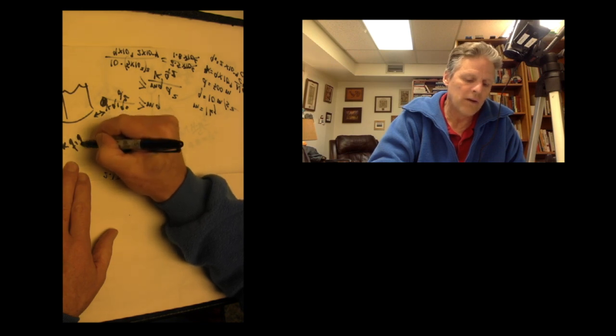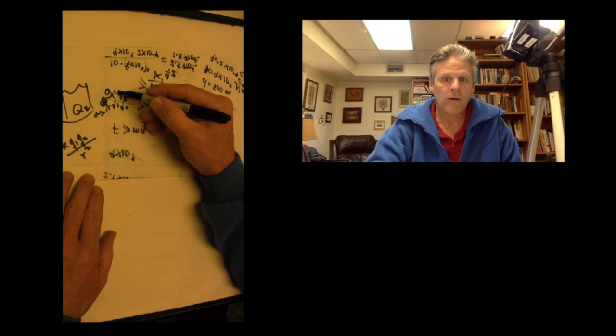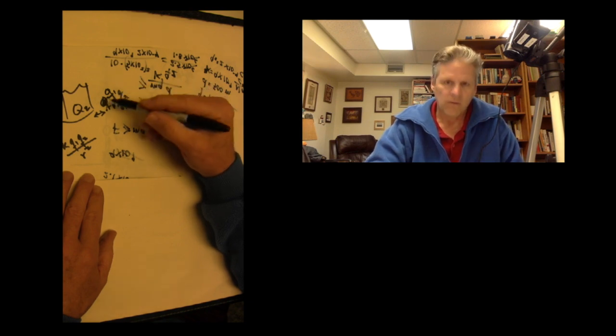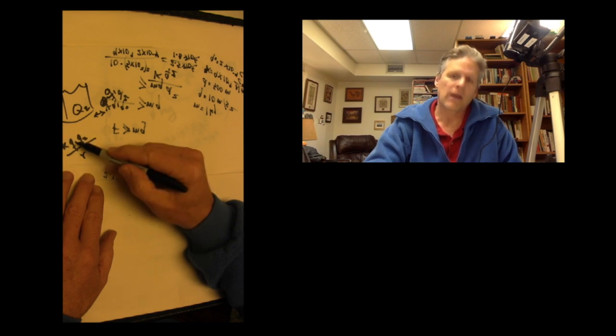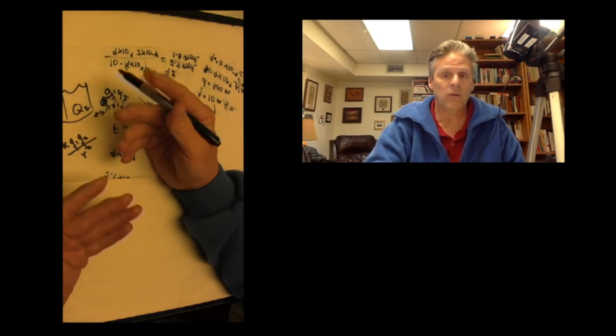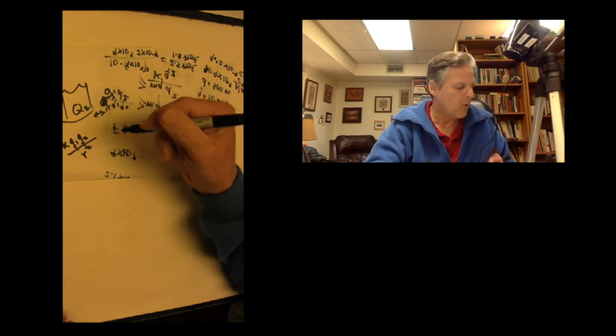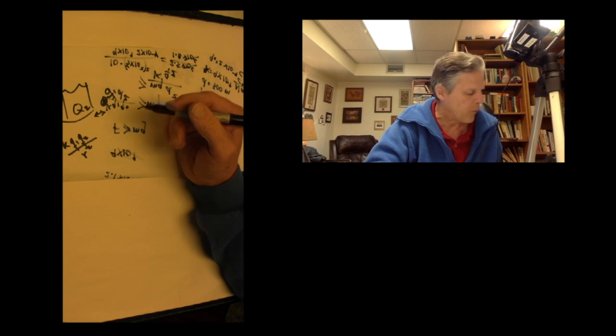K Q1 Q2 over R squared. So there's some unknown Q here. I'll call it Q2. With this Q1 here uncharged, which means it is 0. So if I have Q1 that is 0 and I put it in this equation, what's this equation going to equal? No matter what Q2 is, it's going to be 0. So there is not enough information to say, so that's choice number A for number 4.